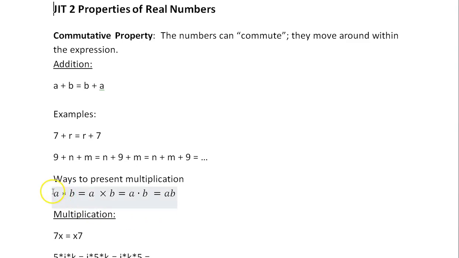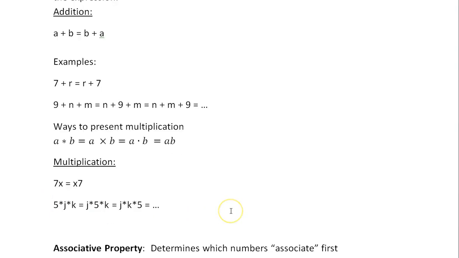I try to remember to use a times b with the asterisk or ab because I don't want people to get confused, thinking it's a variable, or some other operation that maybe got cut off somehow. That's not to say I never use the others, but generally speaking, those are the two that I use the most.